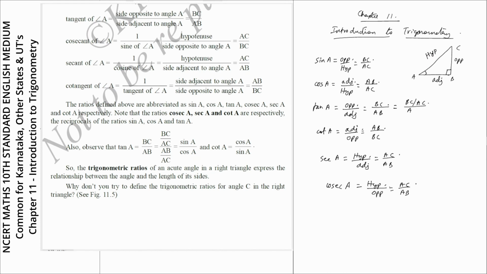BC by AC over AB by AC. BC by AC is nothing but sine of angle A, and AB by AC is nothing but cos A. So tan A is also equal to sin A by cos A.